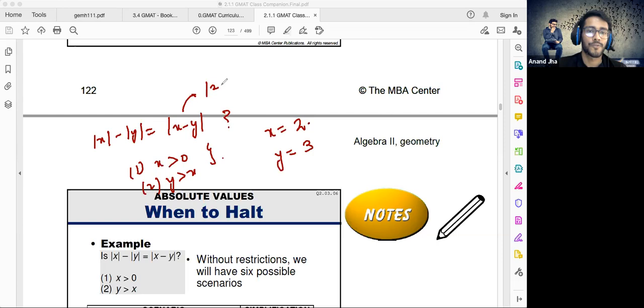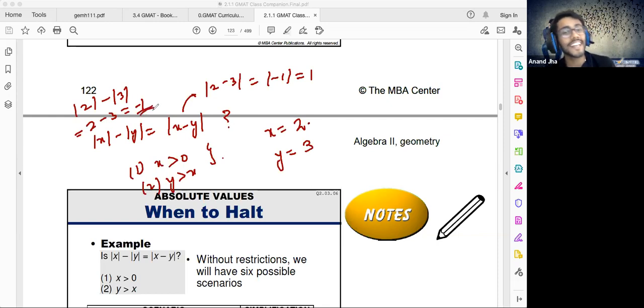So mod of 2 minus 3 is mod of minus 1, which is 1. Mod 2 minus mod 3 is 2 minus 3. But here we didn't get it. It didn't satisfy.